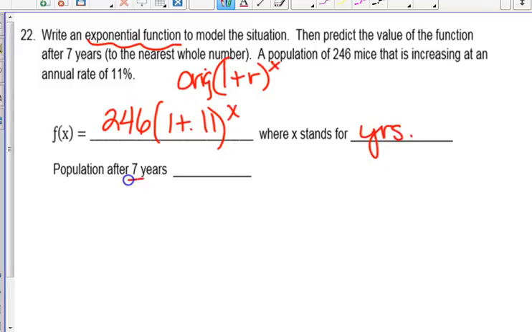So then if we put in a 7, we type 246 times 1 plus 0.11 to the 7, or just 1.11 to the 7. We get 510 or 511, doesn't say. Actually, it says nearest whole number, so the nearest is 511.